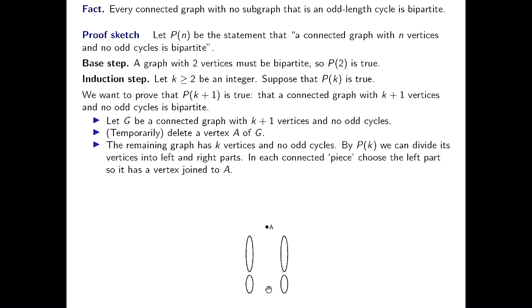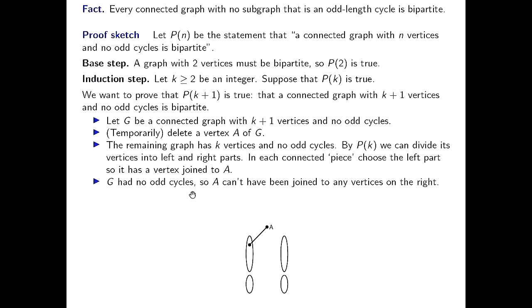We know that the whole graph is connected, but not necessarily that it will be connected after we remove A. Okay, let's make these pieces so that we know A must be connected to one of these two things. It could be connected to both, at least for all we know, but definitely it's connected to one, so let's put that one on the left. It's connected to one because the graph is connected.